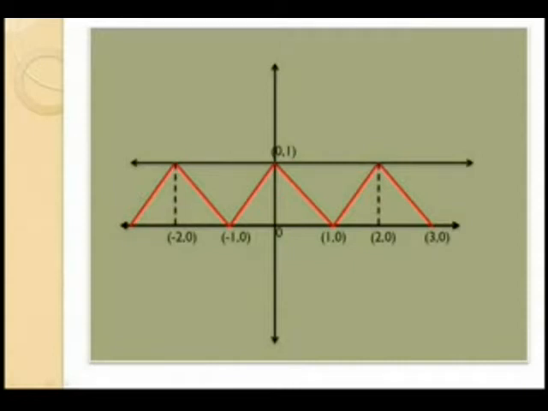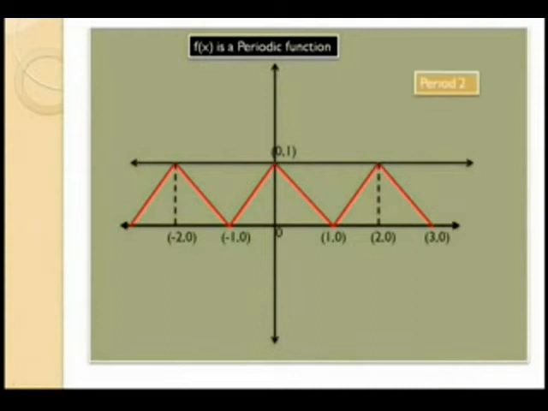We see that the value of f(x) repeats its value after a fixed interval. So f(x) is a periodic function. Also we see that it repeats its value after an interval of 2. So the period of f(x) would be 2.